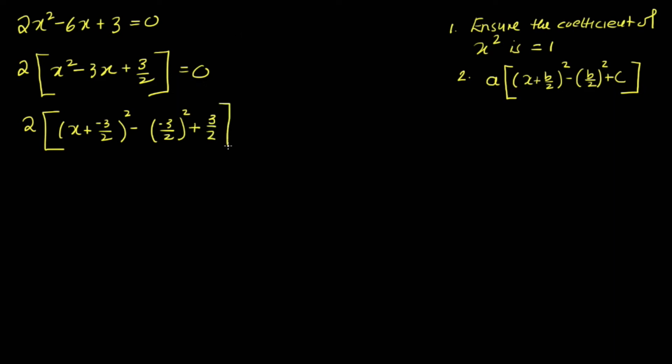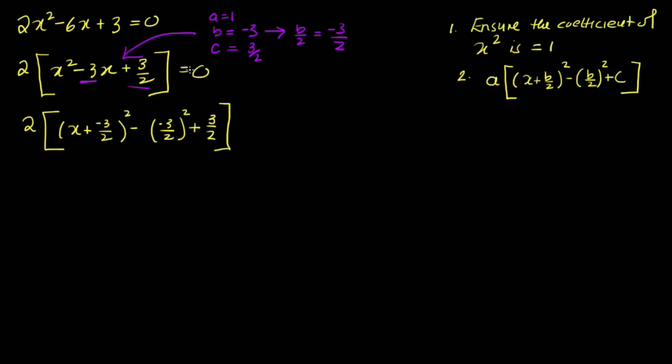Remember what my a, b and c are for this equation: our a is 1, our b is minus 3, and our c is plus 3 over 2. So our b over 2 will be minus 3 over 2, which is what we've done here.